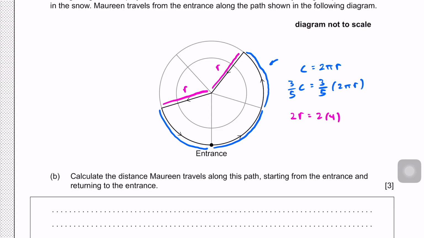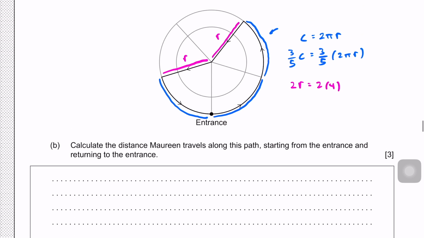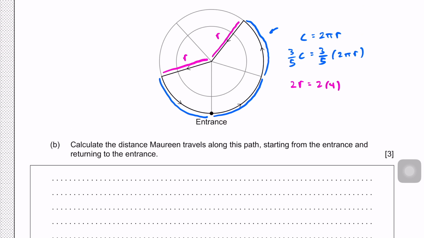Calculate the distance Maureen travels along this path, starting from the entrance and returning to the entrance. Well, along this path, she must travel through 1, 2, 3 of these edge-long pathways, and then she also must travel through 2 of these radii. So let's work that out.